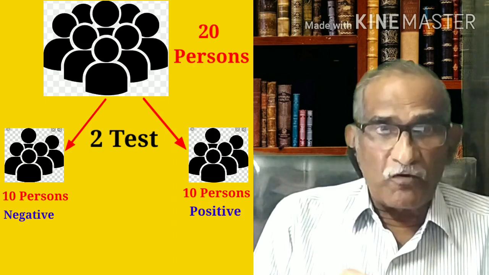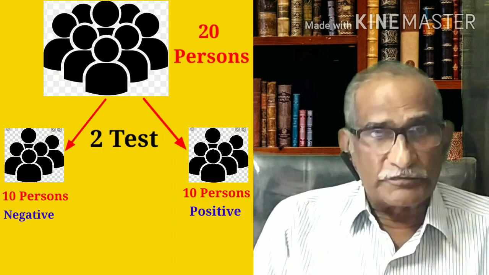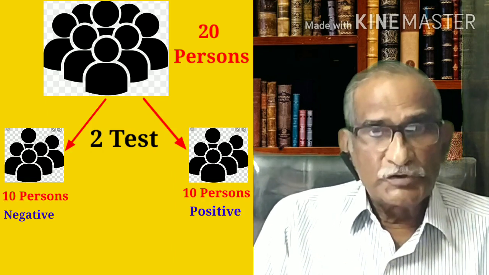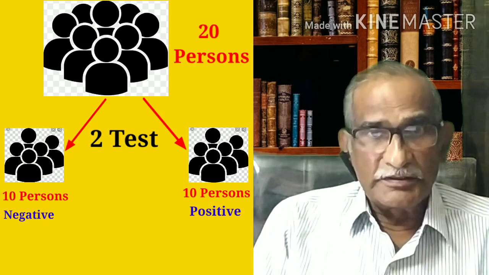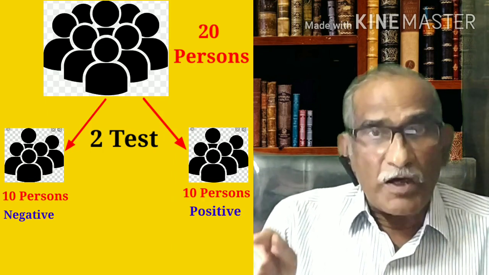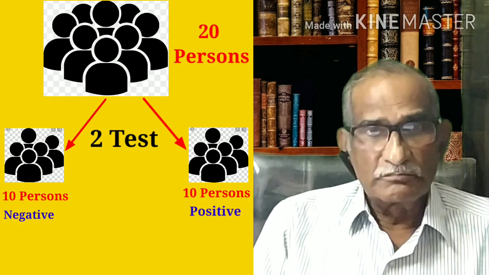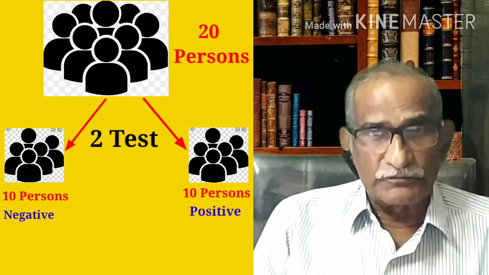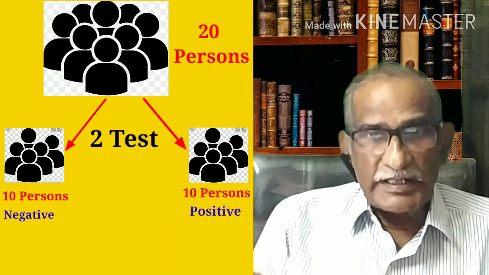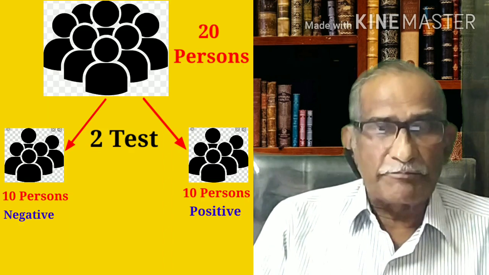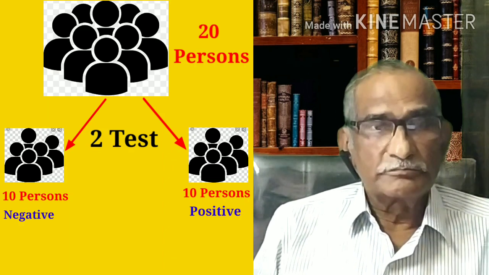Now for the group for which the test is positive, to identify which individual or individuals are positive, test each of the 10 samples separately.